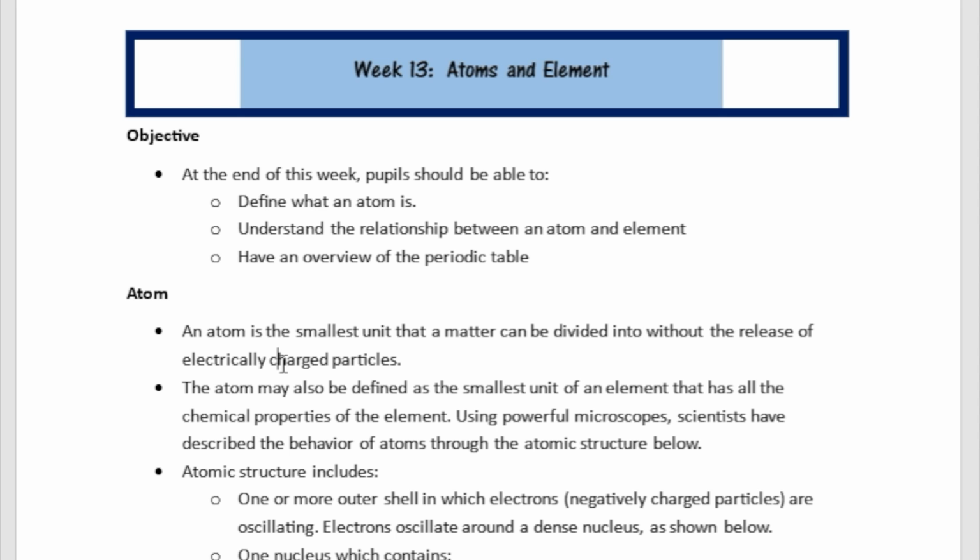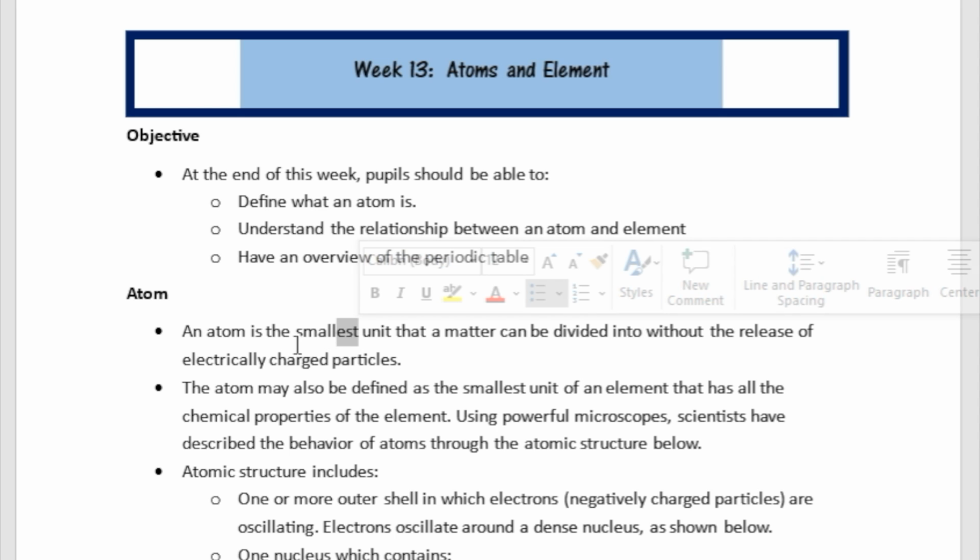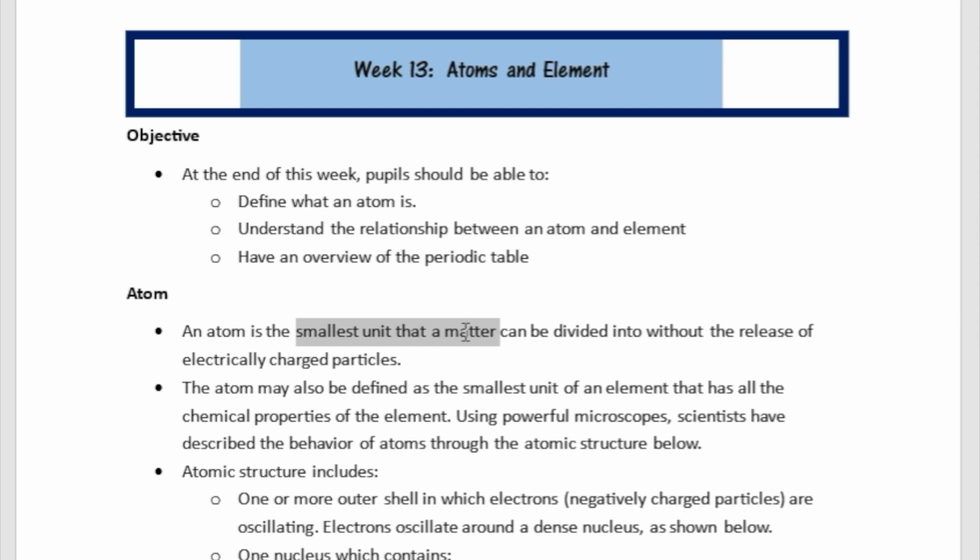But an atom is the smallest unit that a matter can be divided into without releasing charges, without releasing electrically charged particles.